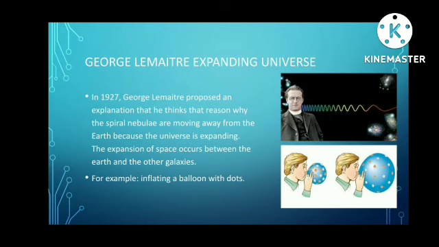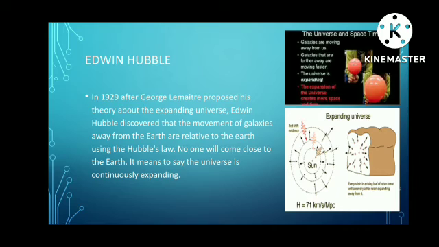So 2 years after George Lemaitre proposed his theory about the expanding universe, in 1929, Edwin Hubble discovered that the movement of galaxies away from the Earth is relative to the Earth using Hubble's law.